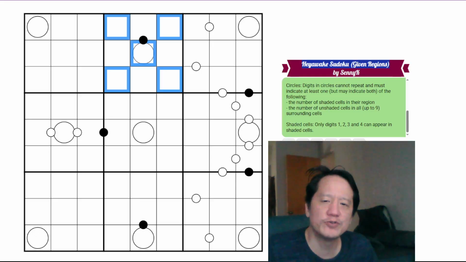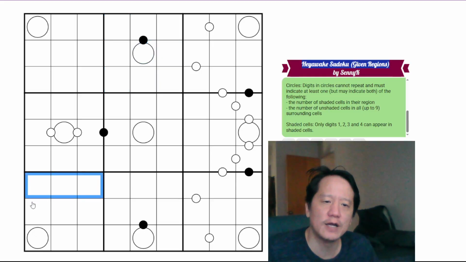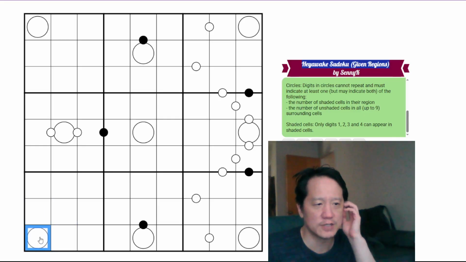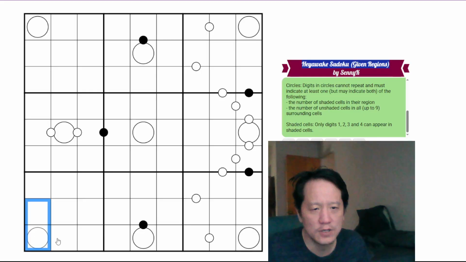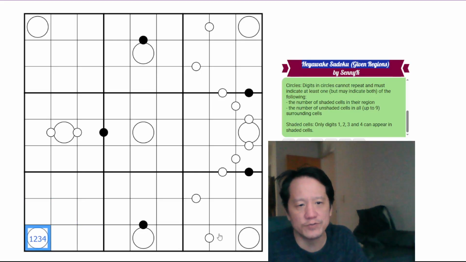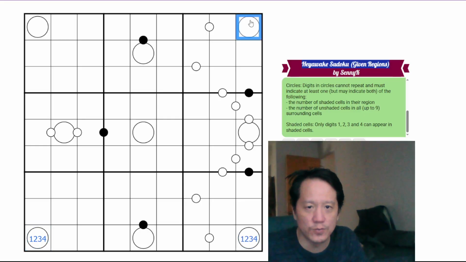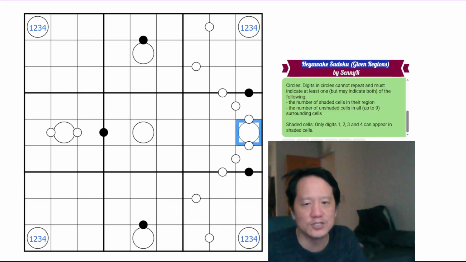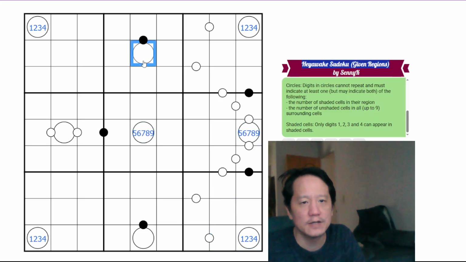So the number of shaded cells in a region that's not the center box is 4 at most. And the 3x3 box that's centered on the circle can only have 4 unshaded cells. So this is 1 through 4, this is 1 through 4, this is 1 through 4, and this is 1 through 4. Which means the remaining digits must be 5 through 9.